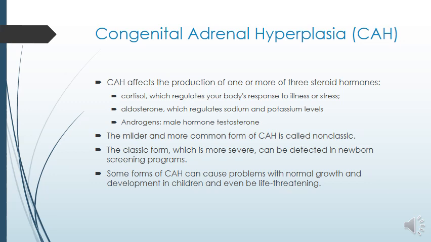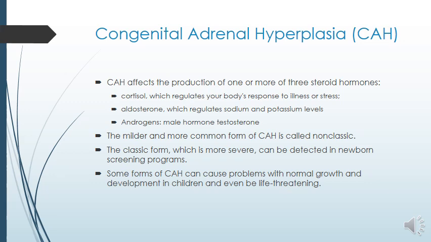Congenital adrenal hyperplasia affects the production of one or more of the three steroid hormones: cortisol, which, remember, regulates your body's response to illness or stress; aldosterone, which regulates sodium and potassium levels; or androgens, such as testosterone, which is a sex hormone.